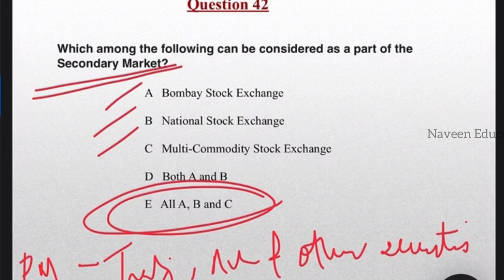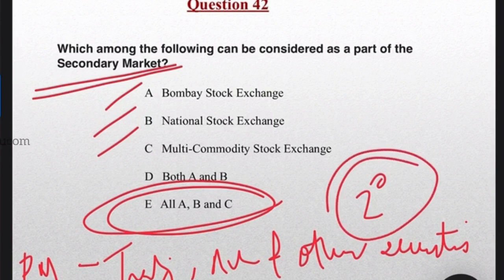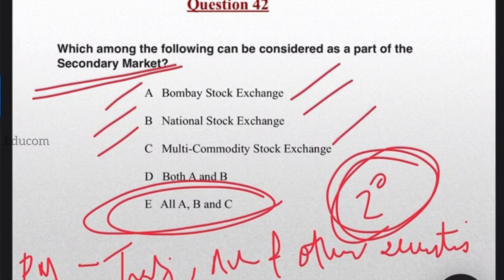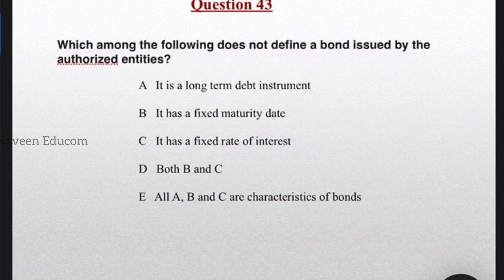Equity and debt market come under the purview of the secondary market. That is why BSE, NSE, MCX all come under the secondary market only. So hope you are getting these important points. So we have already said BSE, NSE and MCX, everyone comes under the secondary market. So that's why our option goes to option C. Sorry, not option C, option E. All A, B and C are right answers.